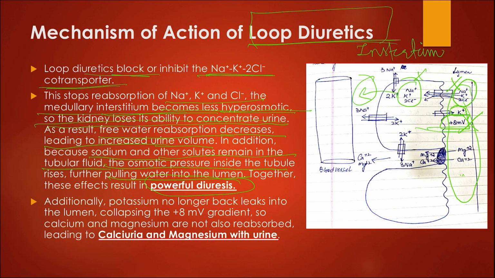Once this gradient is not created, magnesium and calcium will not be reabsorbed via the paracellular route. That is why, along with the natriuresis and the diuresis, magnesium also leaks out with the urine, and calcium also leaks out with urine.